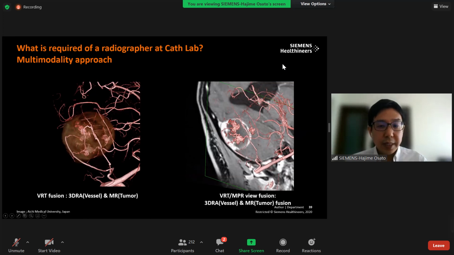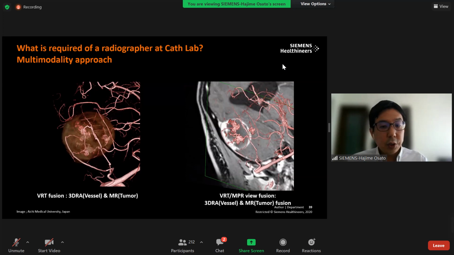To get a better understanding of both image characteristics: the angio system has a high resolution image for the vessel, and the MRI image is also good at low contrast imaging. Okay, so it is quite an important support to decide treatment strategy with more and more information. Okay.